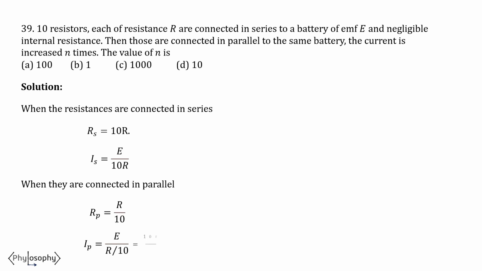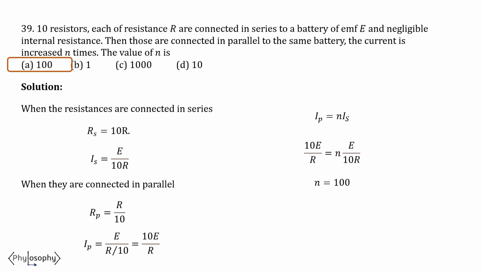Therefore the current in parallel combination is given by 10E over R. Now according to the question, Ip is equal to n times Is, that is, the current in parallel combination is n times the current in series combination. So we can say that 10E over R is equal to n times E over 10R, and from this we can evaluate the value of n, which is 100. Therefore option A is the correct answer.